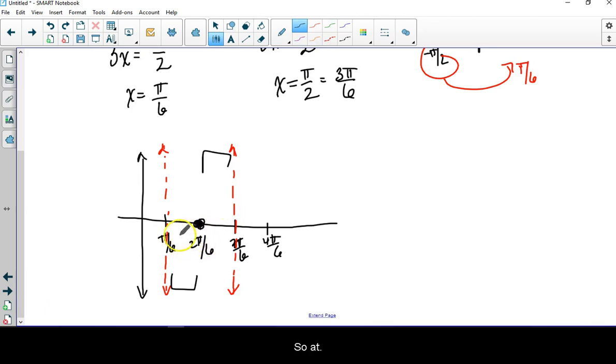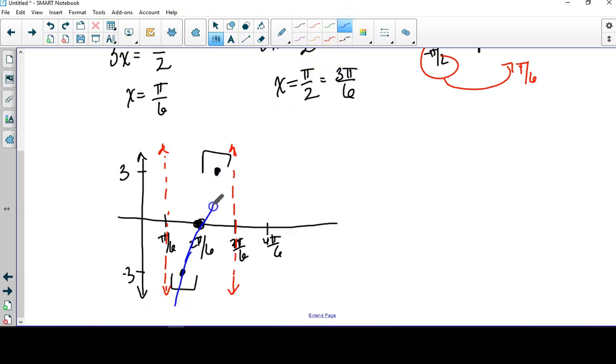So at, let's see, this is 1.5 pi over 6. You'll hit the -3. And at 2.5 pi over 6, you'll hit the +3. Not pretty, but there he is.